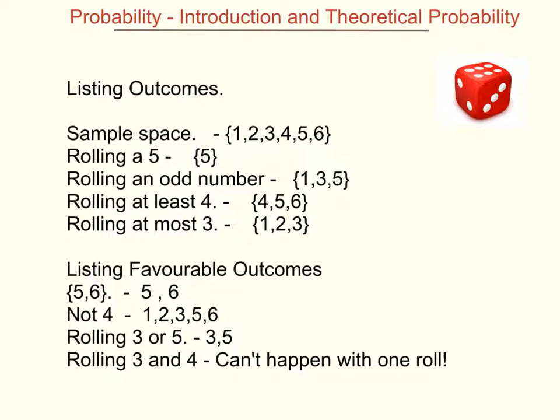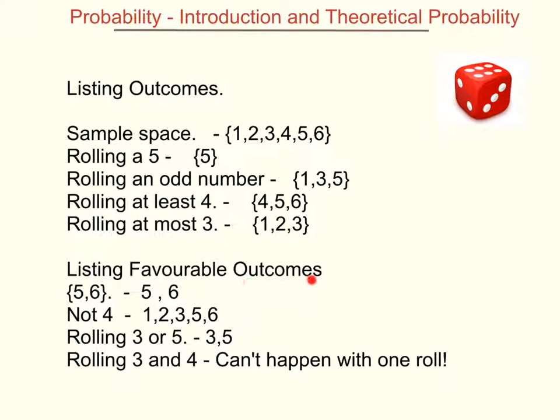If my event is to roll a 5, the only thing that will make that true or be favourable is rolling a 5. If I roll an odd number, I need to list 1, 3, and 5 because they're odd numbers. If I'm rolling at least 4, that means I need 4, 5, and 6. At least means to include the 4 as well. Rolling at most 3 means I need to have 1, 2, and 3. I need to include 3 as well.